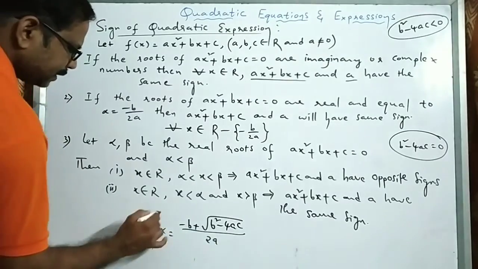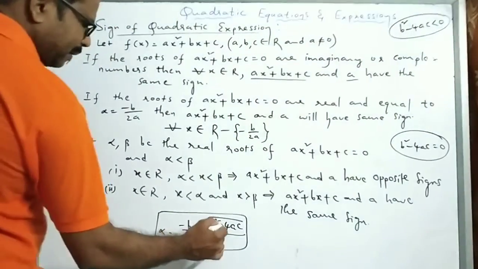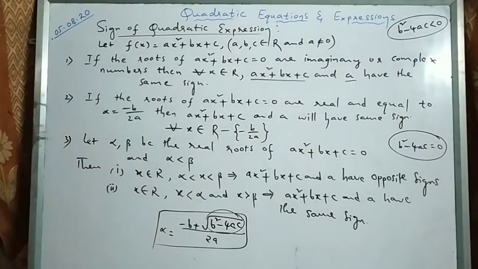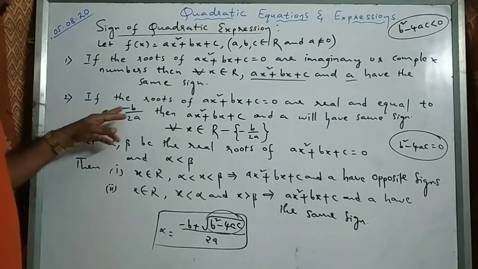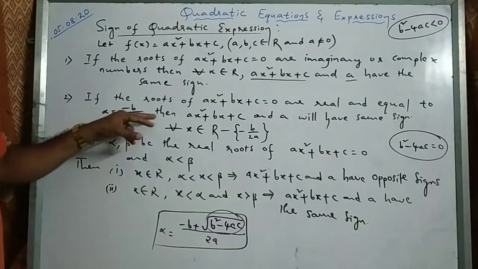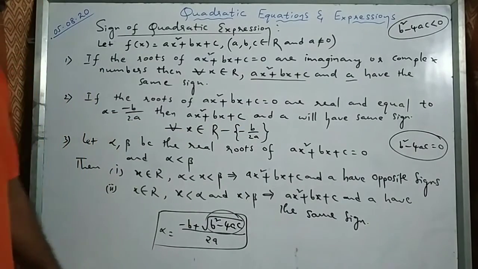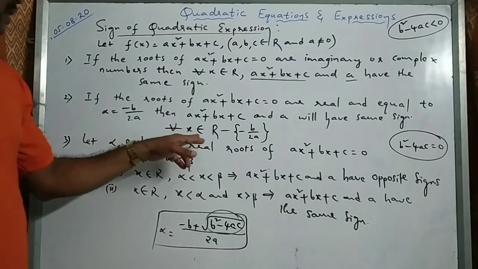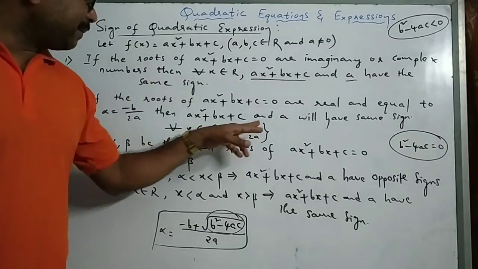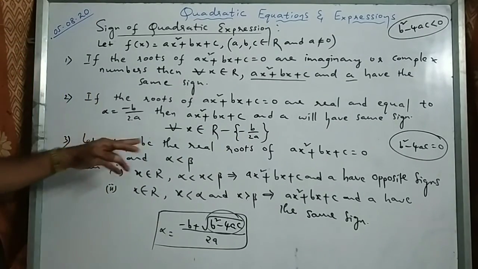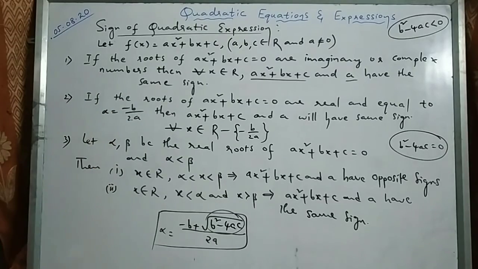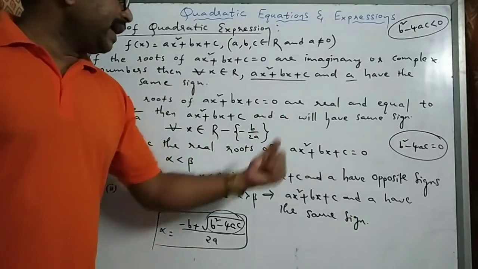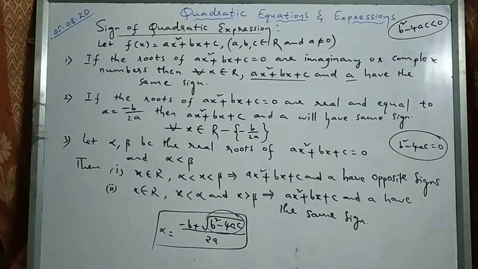Roots are equal means discriminant will be 0. Then what is remaining here? Minus b by 2a. So alpha equal to minus b by 2a. Then ax square plus bx plus c and a will have same sign for all x belongs to R except minus b by 2a, except that equal root.